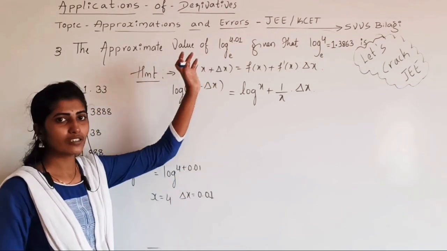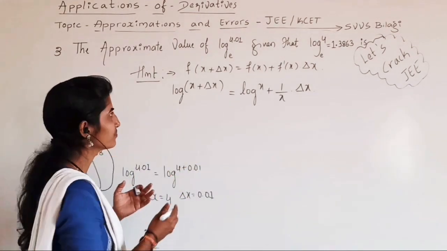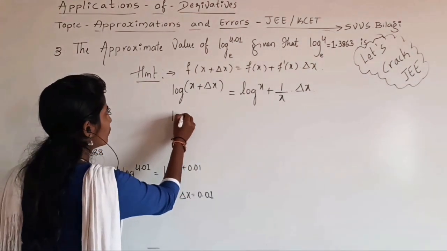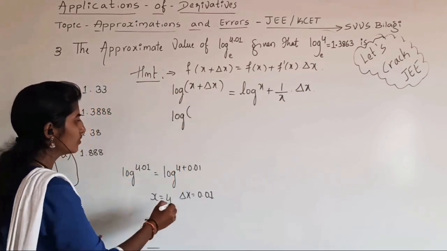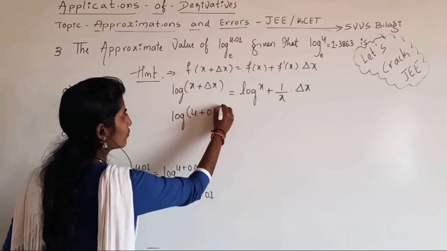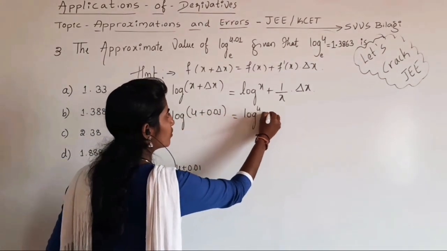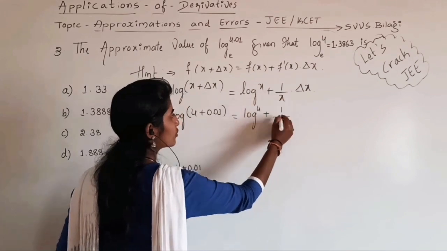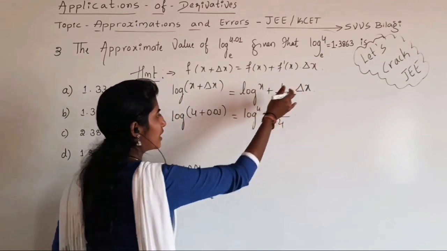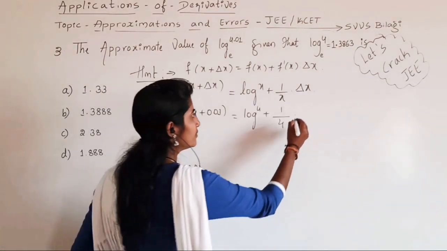Just insert the values and grab your answer. That is log of x value 4 plus delta x value 0.01, equal to log of 4 plus 1 divided by x value 4, into delta x, the error in x given, that is 0.01.